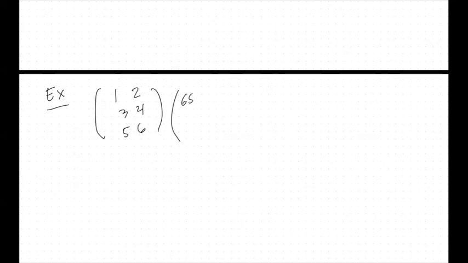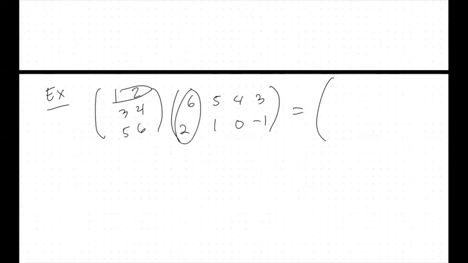So, example: we have 1, 2, 3, 4, 5, 6, and then 6, 5, 4, 3, 2, 1, 0, negative 1. The first entry is this multiplied with this. Now it's just multiplying this one with this and this.